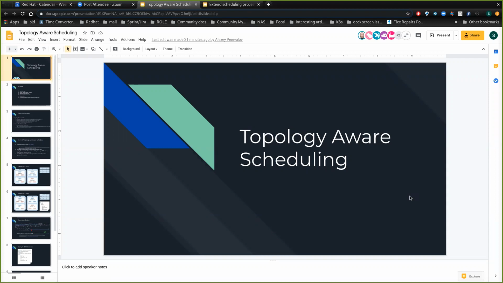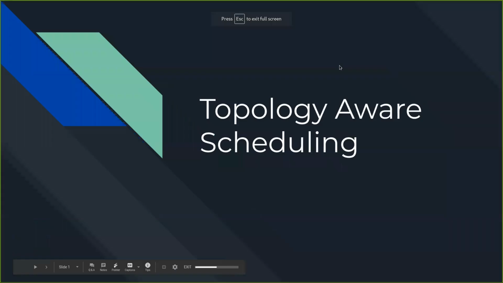We've had conversations about this in SIG resource management. So our intention was to bring this discussion here in SIG scheduling, level set everyone, explain the problem statement, what we are trying to solve, and the conversations and the discussions we've had so far, and the way we are approaching this problem. So just present. Sorry, full screen.